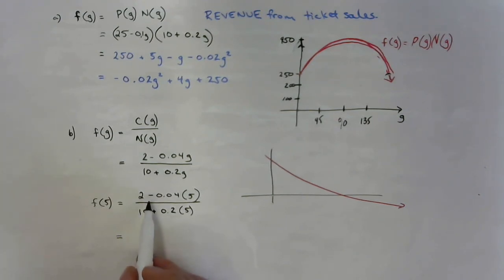Okay, here we get 2 minus 0.2, which is 1.8. And in the denominator, we get 10 plus 1, which is 11. And we'd put that in the calculator, and we would get, oh, not approximately, it's a repeated decimal, so we get 0.163 repeating. What does this tell us?